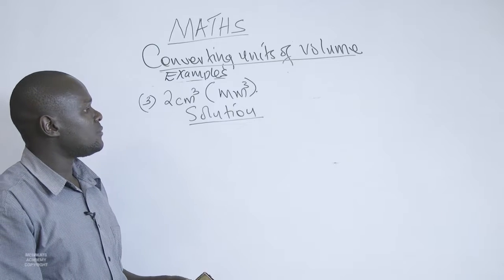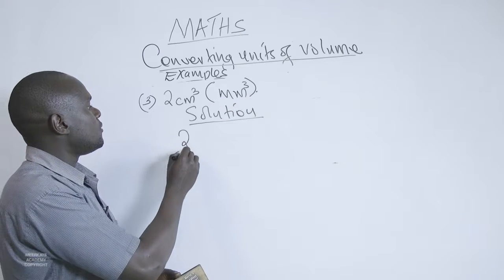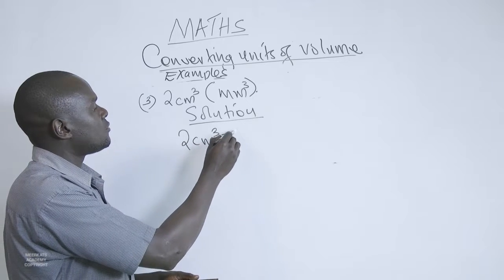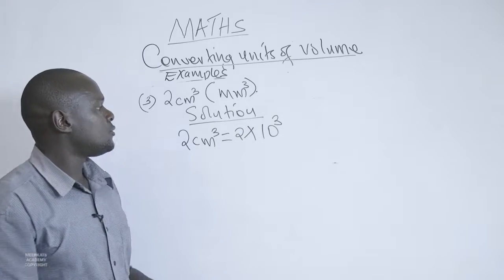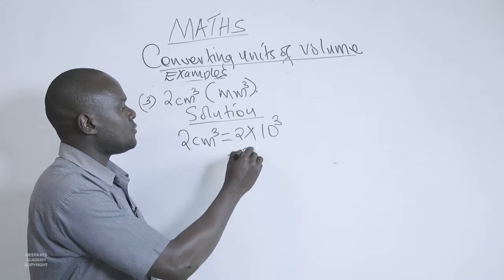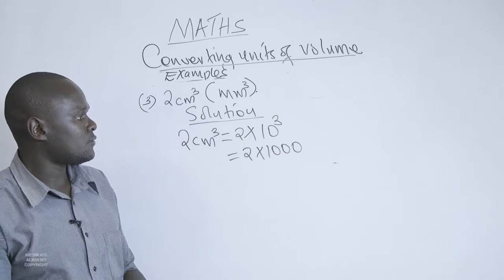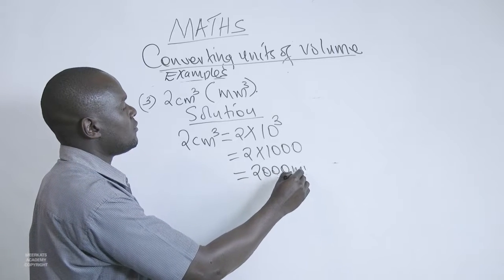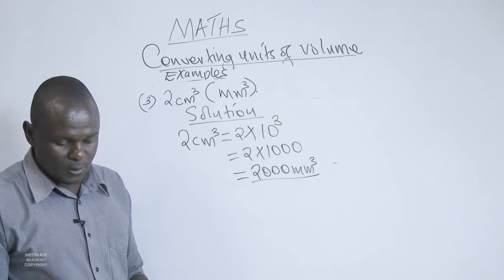This is just the way we have been performing. We want to convert from a larger unit to a smaller unit. This will entail some multiplication. Two multiplied by 10 raised to power 3, which is the same as 2 multiplied by 10 multiplied by 10 times 10, which is 1,000, and this will give us 2,000 cubic millimeters.